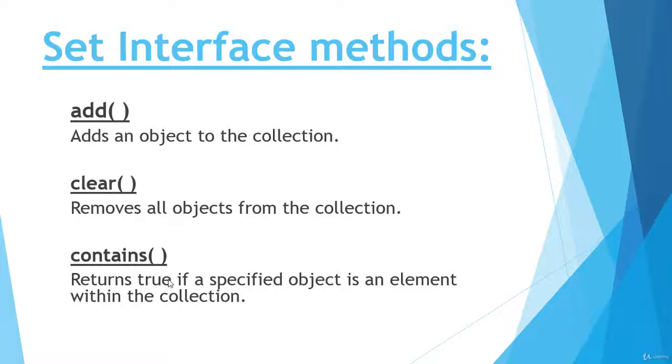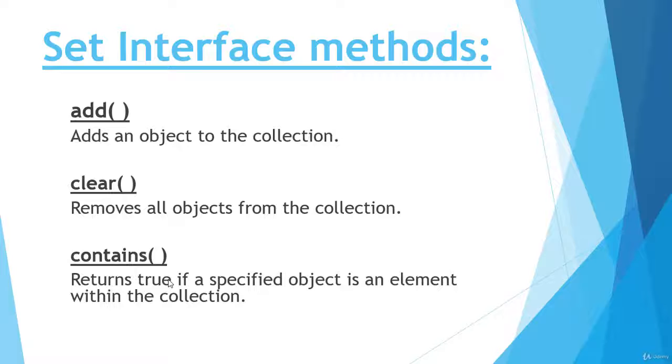And third, we have the contains method. It returns true if a specified object is an element within the collection. So this method helps us to check whether a particular element is present in that collection or not. For example, we have a set of 10 numbers, 1 2 3 4 5 6 7 8 9 10, and we want to check whether 5 is present in this collection.